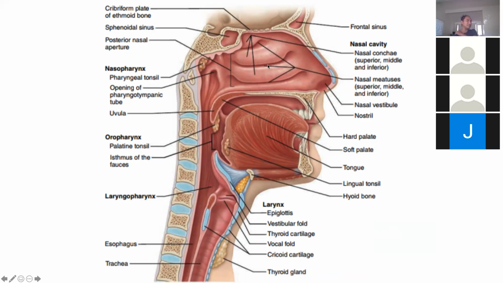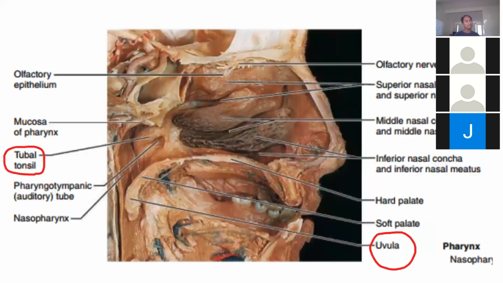The area underneath the concha is called the nasal meatus. It is just to increase the surface area inside the nose. The pharyngotympanic tube, which you have seen already, is at the back of the nasal cavity. If you follow this track, you will get to the middle ear cavity.